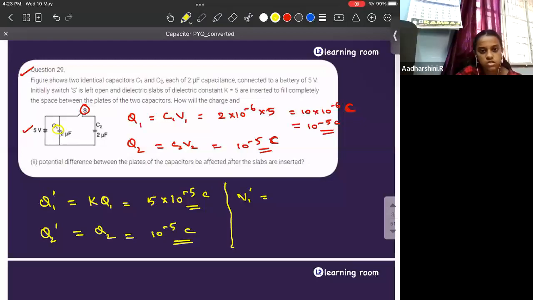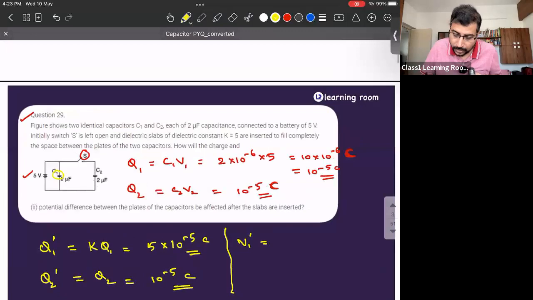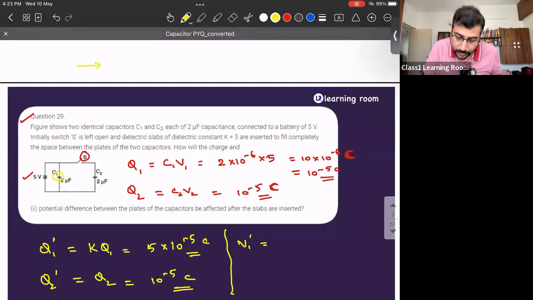Check the notes. Check under potential. Check what will happen under potential, battery disconnected and battery connected with the dielectric.